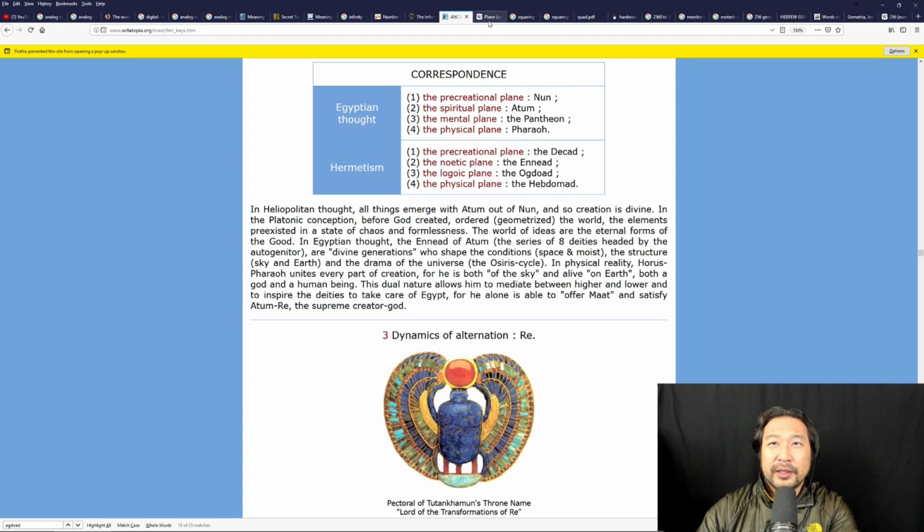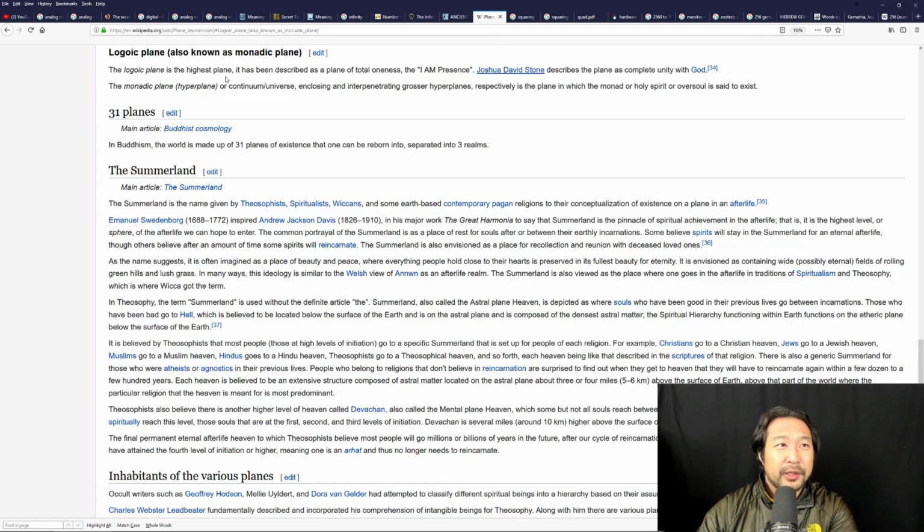Now, if we go into what the logoic plane is, if you just go to Wikipedia, the logoic plane is the highest plane. It is described as a plane of total oneness, the I Am presence. Joshua David Stone actually formed a university called the I Am University. He describes the plane as complete unity with God, which is interesting. I've never heard of Joshua David Stone.